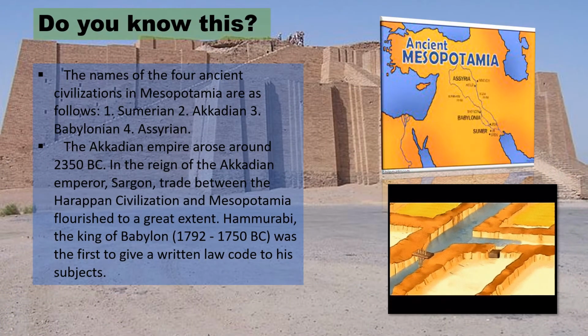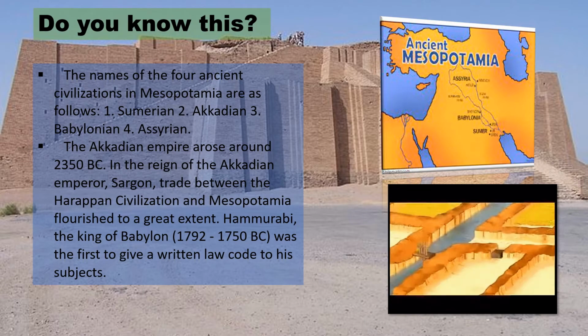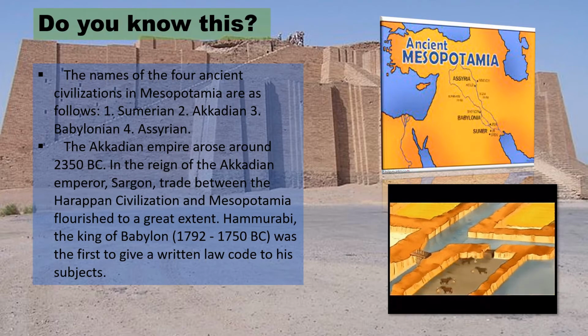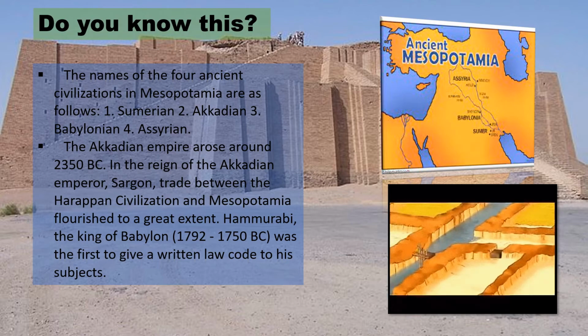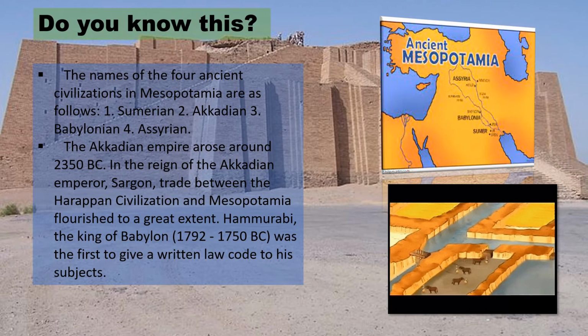Do you know this? The names of the four ancient civilizations in Mesopotamia are as follows: Sumerian, Akkadian, Babylonian, Assyrian. The Akkadian Empire arose around 2350 BC under the Akkadian Emperor Sargon.